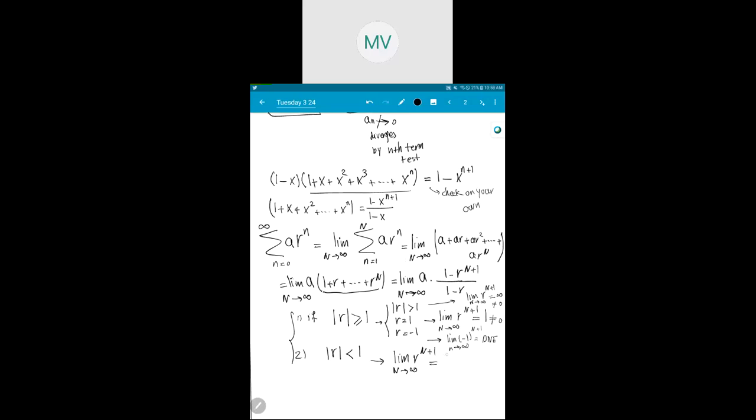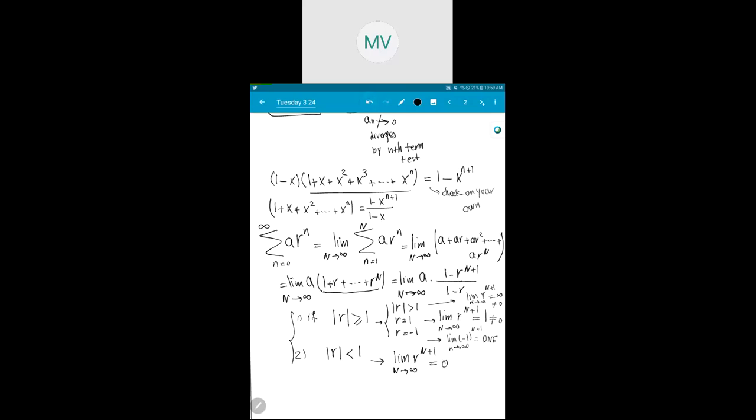You can assume R is half. Let me write it down. Half raised to n is the same as 1 over 2 to the n. Now n is approaching infinity. The limit is 0.